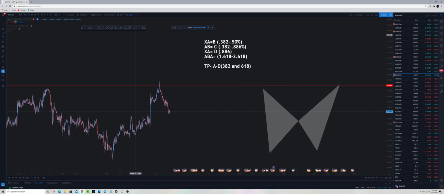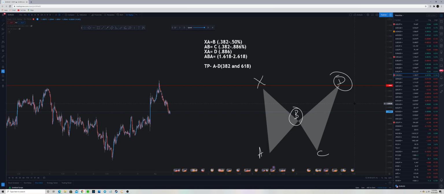So in the harmonic, you have the X point, the A point, the B point, the C point, and the D point. Now the most important points in the harmonics are the B point and the D point. Why? Well, the B point determines what kind of harmonic it will be. If I see a 50% retracement at the B point, I'm already thinking bat or shark. If it's a 618, I'm thinking crab, Gartley, and so on. Now the D point is what determines the reversal zone.